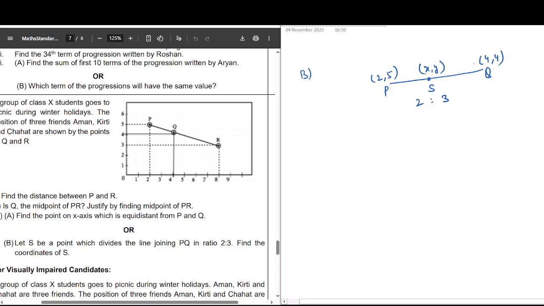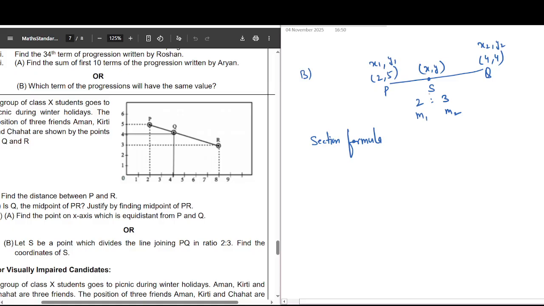So we know PQ is a line segment and point S divides the line internally in the ratio 2:3. That means we have to use the section formula, right? We have to use the section formula to find the coordinates of point S. So this is our ratio m1 and m2. This is our x1, y1. This is our x2, y2.